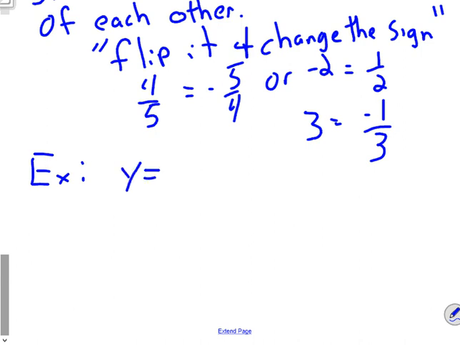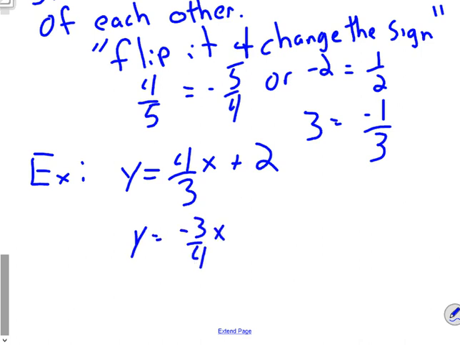So y equals, and, are those reciprocals of each other? Yeah. Look at the slope. I flipped them, and I changed the sign, didn't I? Negative reciprocals. So you know that they're going to meet at 90 degrees.